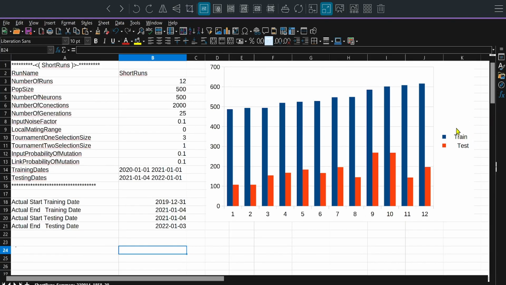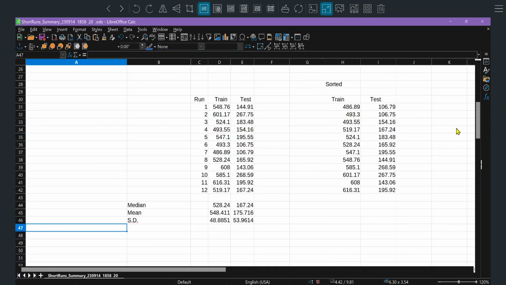So if we look at the next screen, this is the table that generated the last results, and you can see here that the median for training was 528, and the median for test was 167, which seems really good.